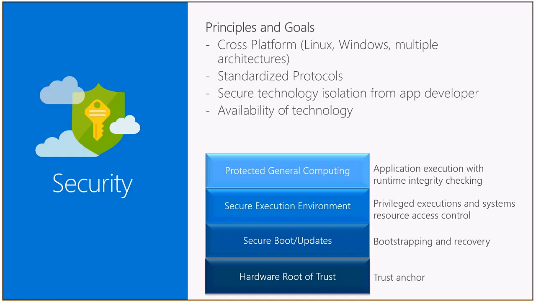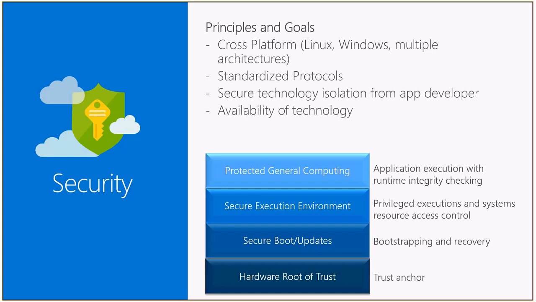Then if you move up into the secure boot and updates, when a device is booted, we should make sure that it is attested, and that it's still running the right firmware. And also, if you're updating the OS itself, we make sure that secure updates are happening on the IoT Edge device.